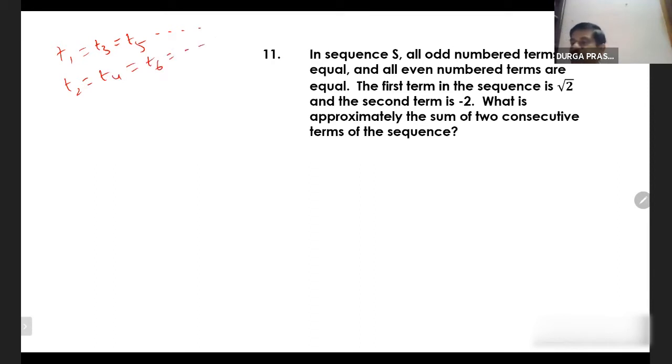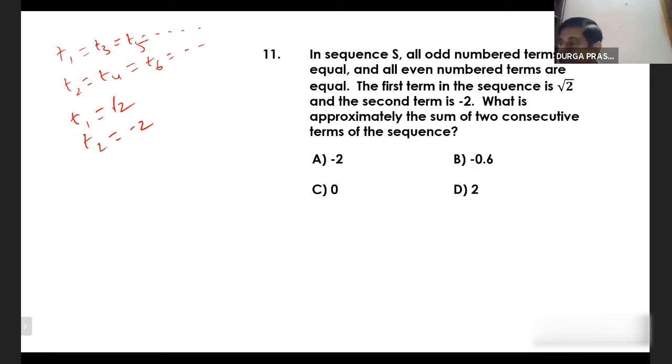They are equal. Okay. The first term of the sequence is root 2 and the second term is minus 2. So T1 equal to root 2 and T2 equal to minus 2. What is approximately the sum of two consecutive terms? It is root 2 minus 2, isn't it? Simply the sum of two consecutive terms.